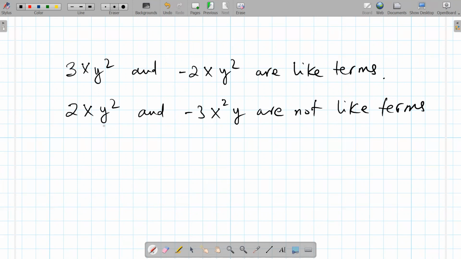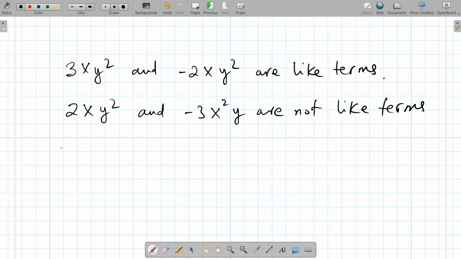Now, for variable y, the power here is 2, and the power there is 1. Because the variables in these two terms are not of the same powers, they are not like terms. Okay, so we use the idea of like terms to add or subtract polynomials.